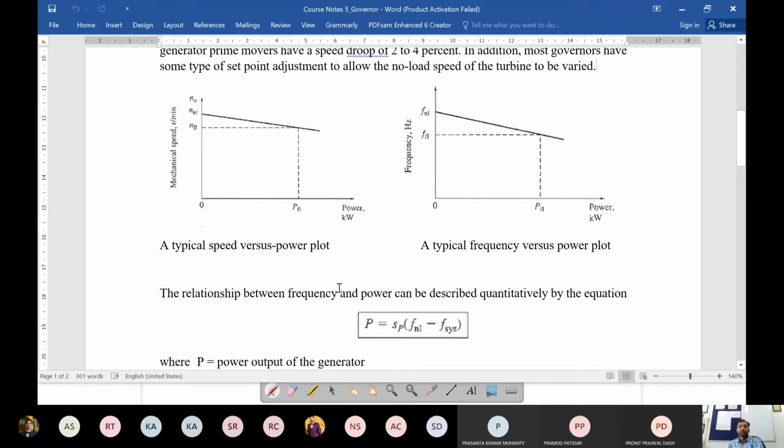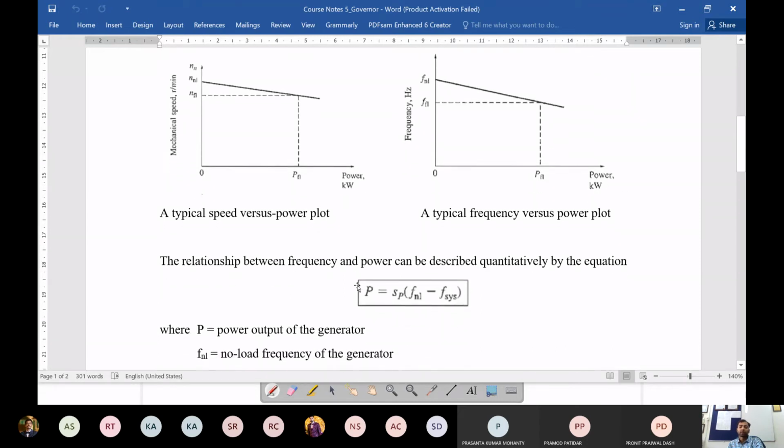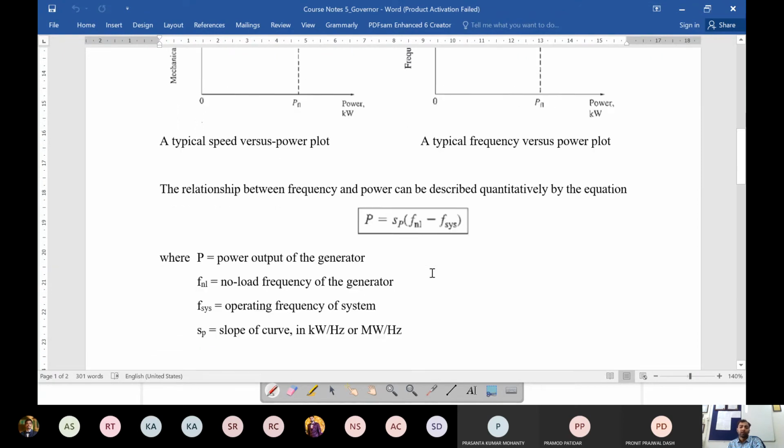This linear relationship can be simply stated as a linear equation: the power output is equal to SP, the slope of this curve, multiplied by F_NL minus the system frequency, F_sys.